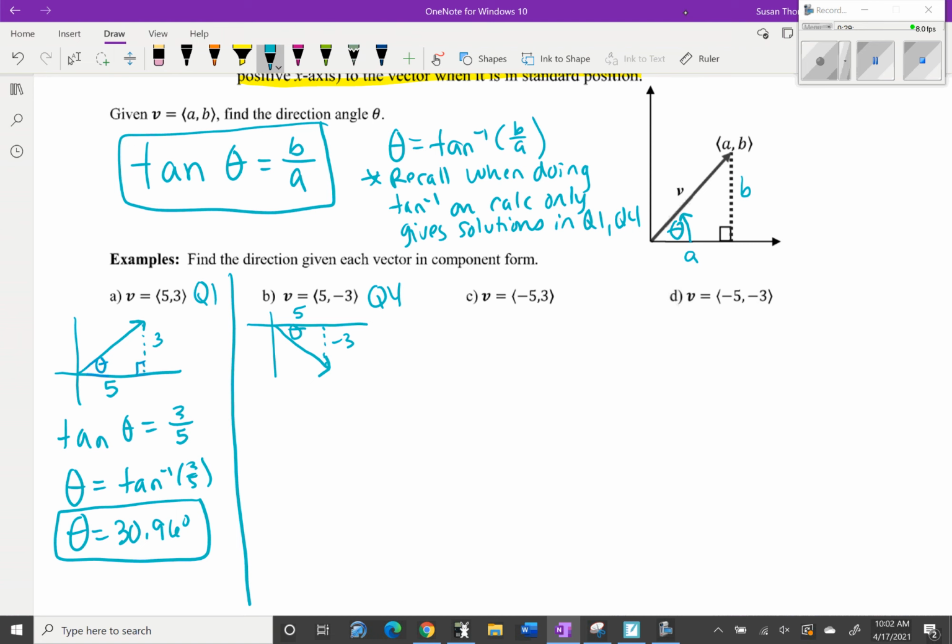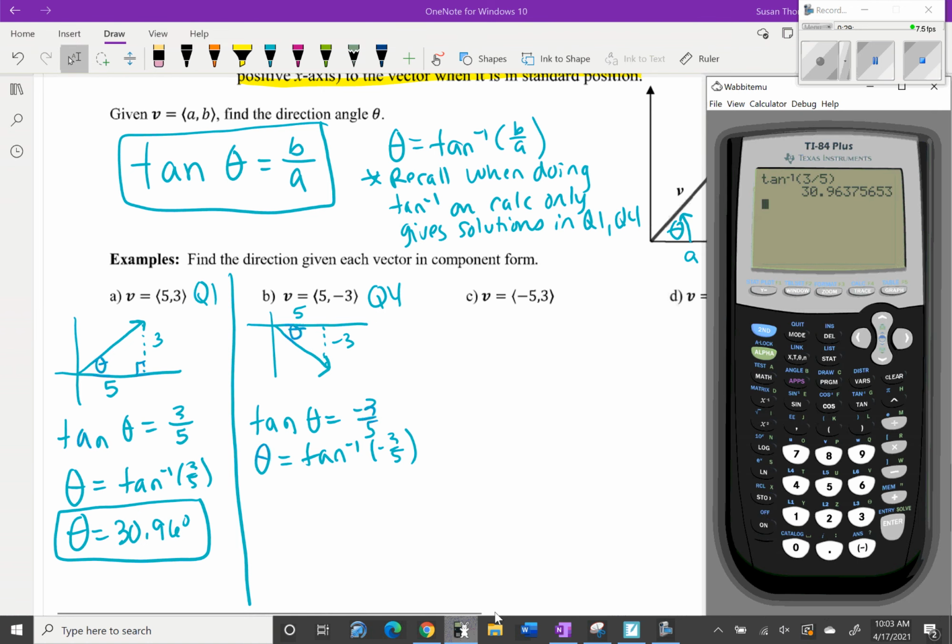So for this one, the tangent of theta is now equal to -3/5. So theta equals the tangent inverse of -3/5. And if we plug that into our calculator, the tangent inverse of now -3 divided by 5, notice that we get -30.96 degrees.